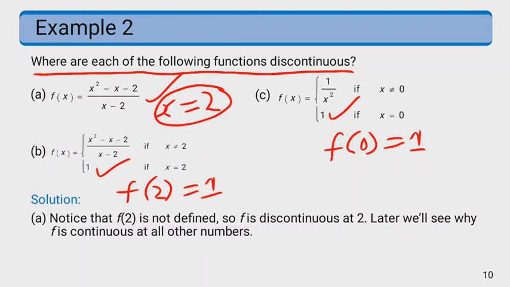So now what remains as the question is whether the value of the function is the same as the limit of the function at x equals 2. That's one thing. So we have concluded that for number A, f of 2 is not defined. Therefore, f is discontinuous at the point x equals 2 in this case.